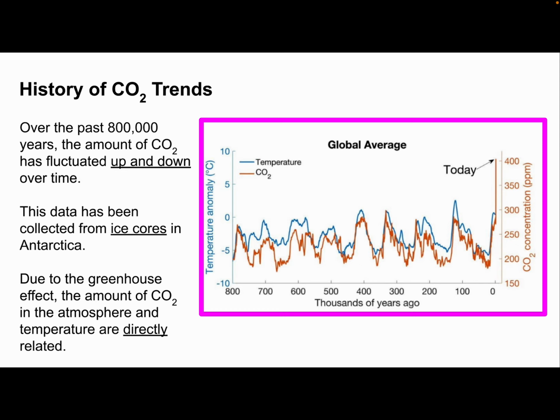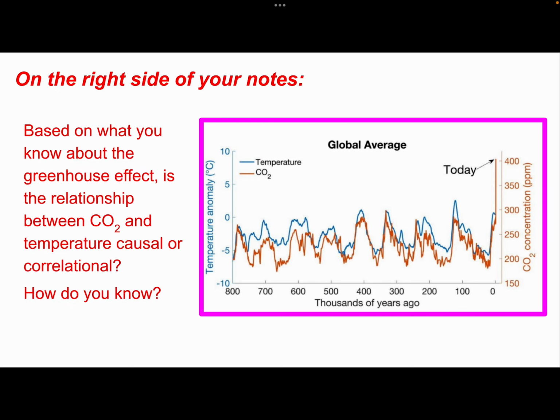One thing to notice is over the last 100 years or so, the CO2 levels have really drastically increased. Okay, so based on what we know about the greenhouse effect, is CO2 and temperature a causal or correlational relationship? Does CO2 cause the temperature to rise?